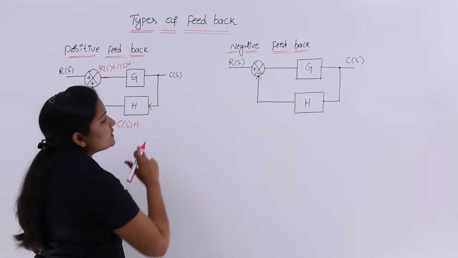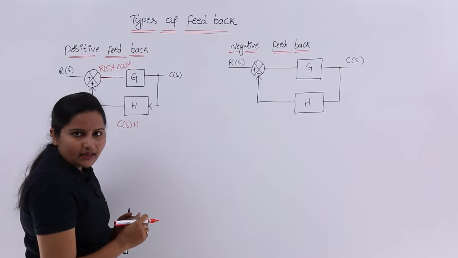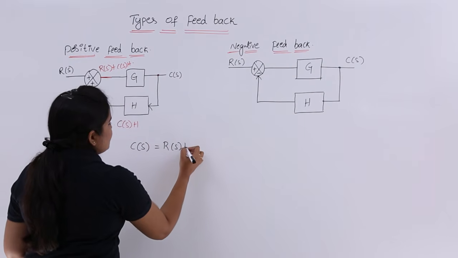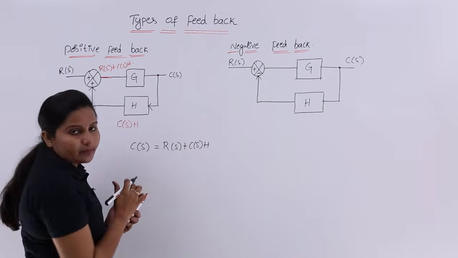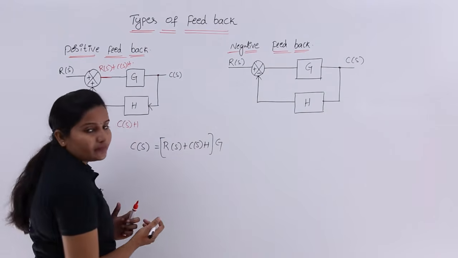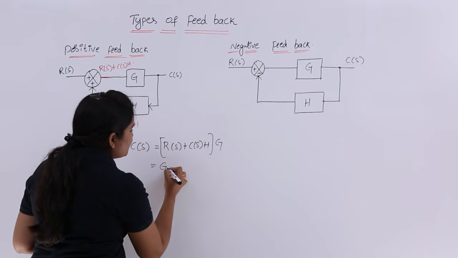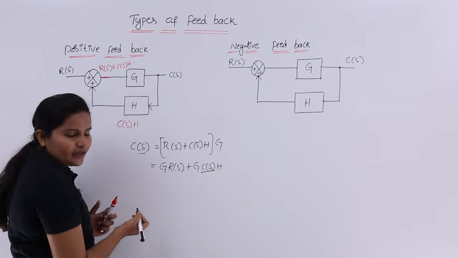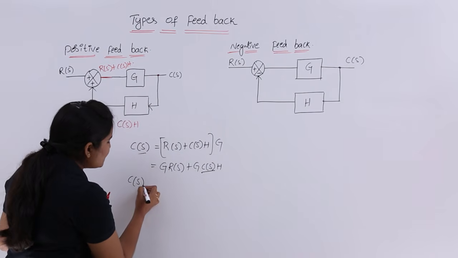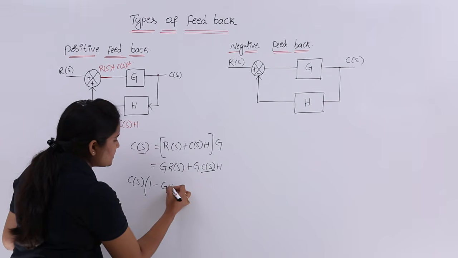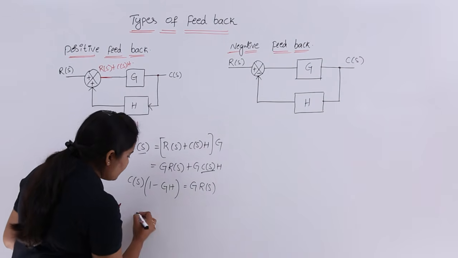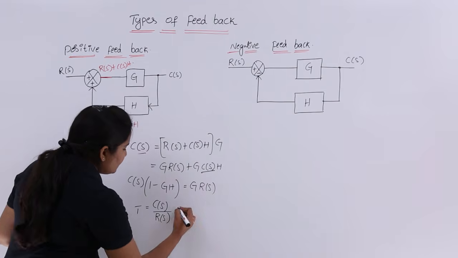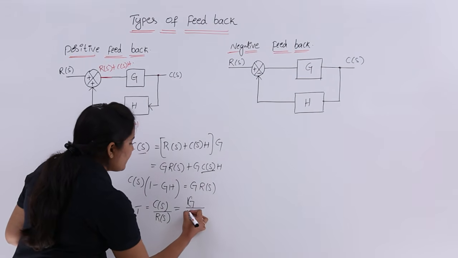Now, if you want to write the C of S equation after giving this feedback, then C of S is equivalent to R of S plus C of S into H, multiplied by the gain G. So this is equivalent to G into R of S plus G into C of S into H. We have C of S here and here, so I am sending it from right to left and taking C of S common. I get 1 minus GH times C of S is equivalent to G into R of S. As the transfer function is output transform by input transform, C of S by R of S, this is equivalent to G by 1 minus GH.